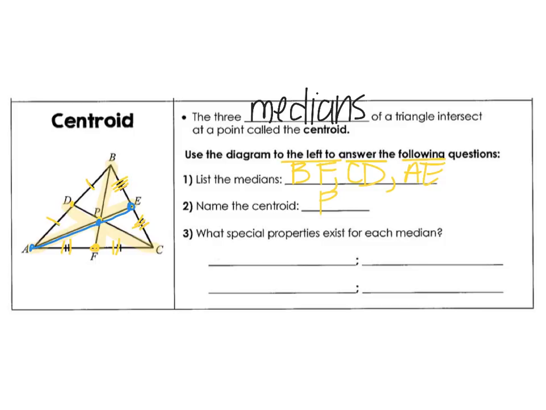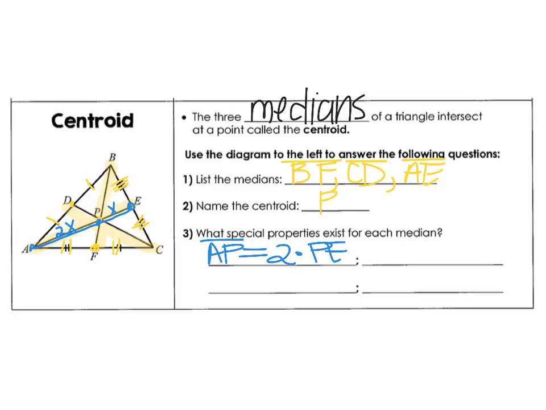We would write that AP equals 2 times PE. So if PE was X, AP would be 2X, if that helps a little bit, okay?